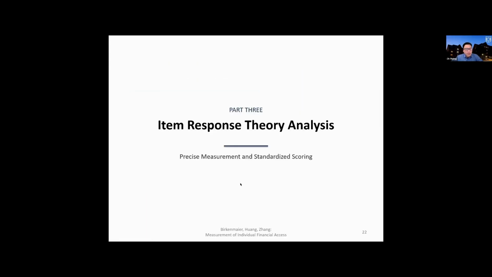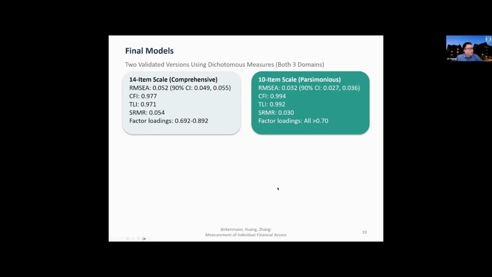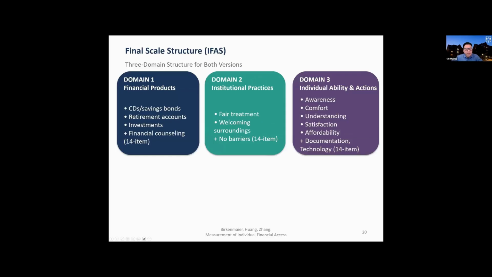Okay, so now on this slide, you can see all items. You can see the complete item question statements for our final measures here. For domain 1, financial products, we focus on 3 wealth-building products. For domain 2, we have 2 items in terms of fair treatment and welcoming surroundings.